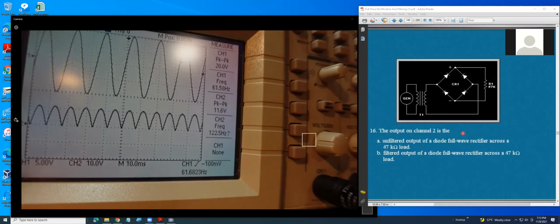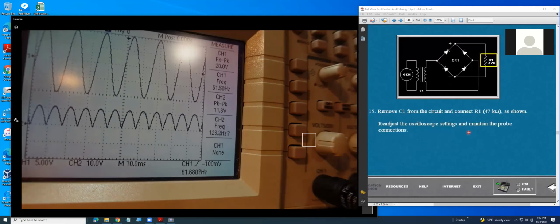Hey, Mr. Pham, in this case right here, I know they said disconnect C1, but if you had C1 and the load connected in parallel, what would happen? If you connect R1 and C1 in parallel on the load, what would happen?